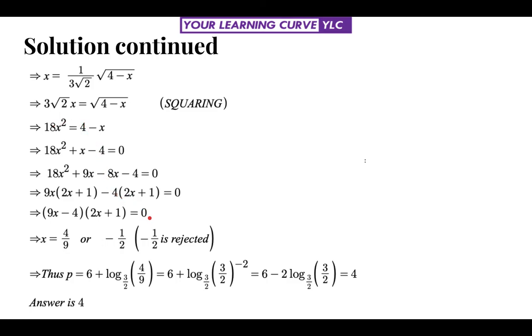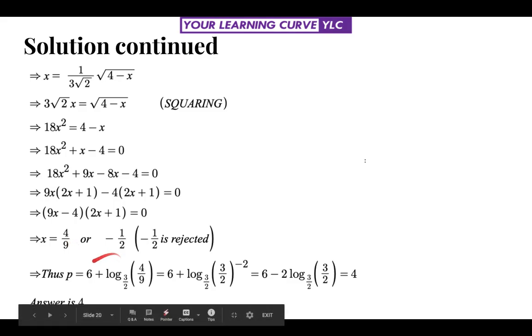For concepts of logarithms, you can always refer to my lecture on logarithms. So minus half is rejected, and we are left with only one answer, x is equal to 4 by 9.